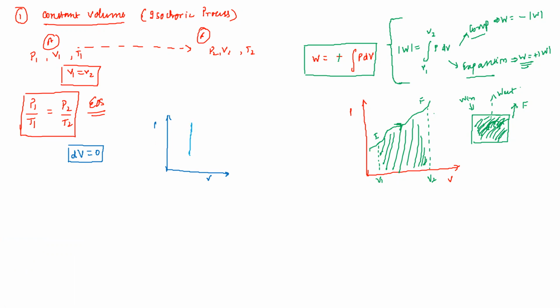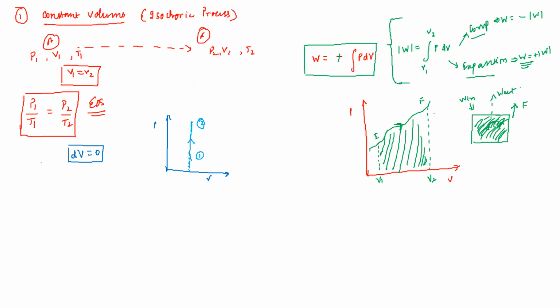Let's say this is its initial state and this is the final state. Then it is moving from 1 to 2, so I have drawn the arrow like this. The area under the curve from 1 to 2 is basically 0.